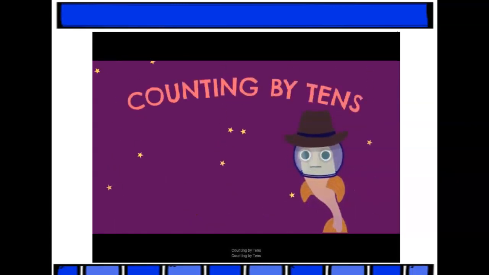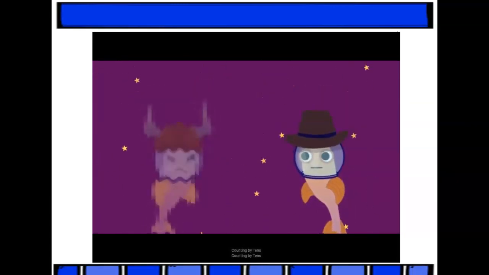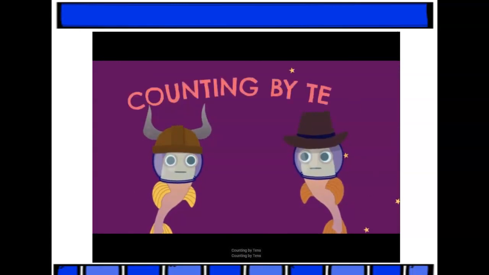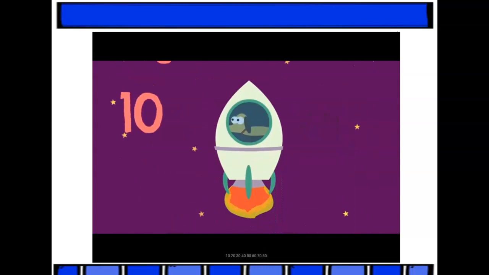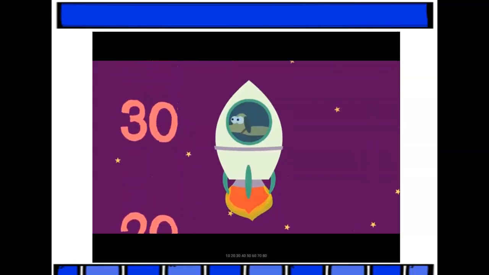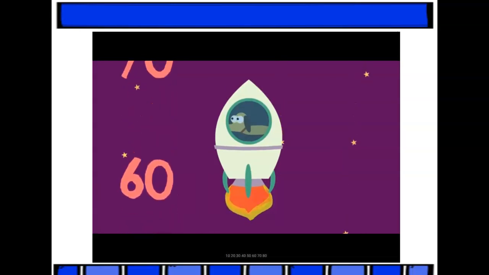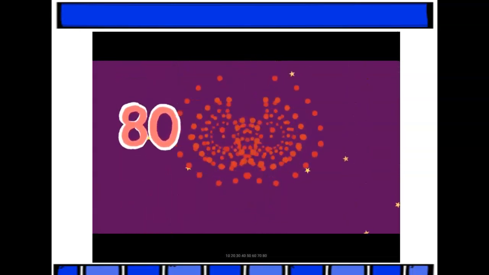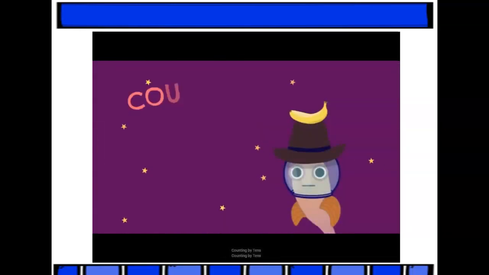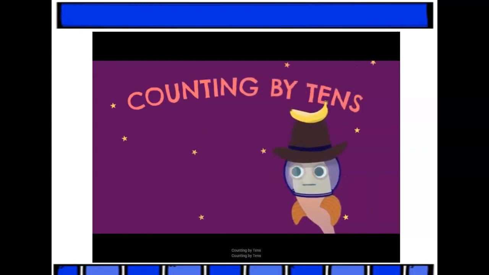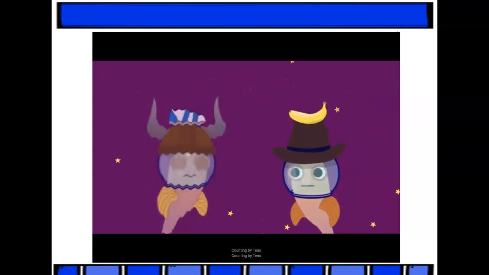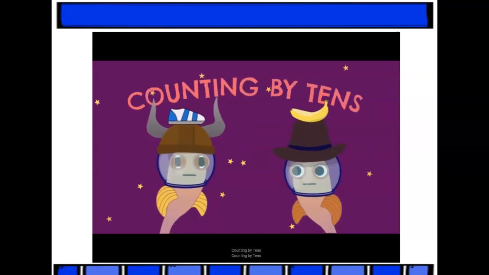Counting by tens. Counting by tens. Let's do it again, but let's go higher. 10, 20, 30, 40, 50, 60, 70, 80. Counting by tens. Counting by tens. Oh, that was fast, so let's do it all again.